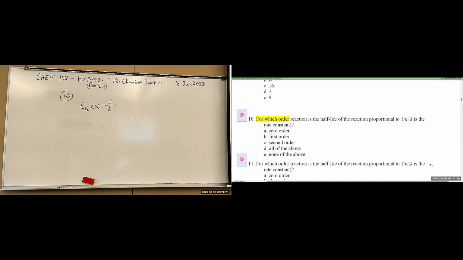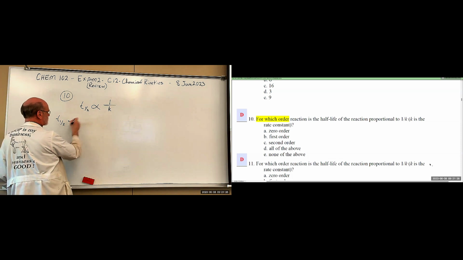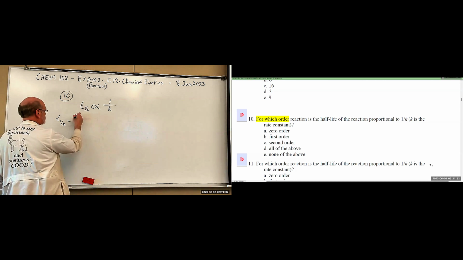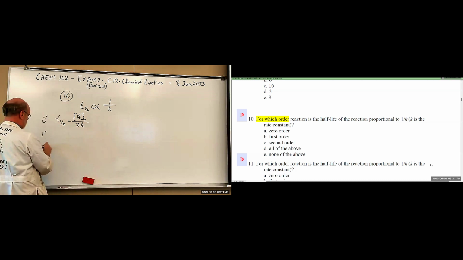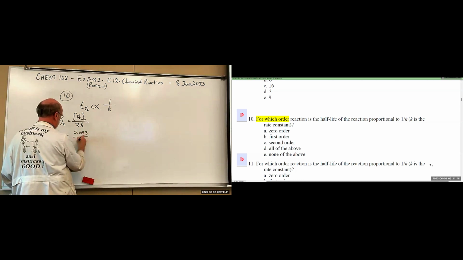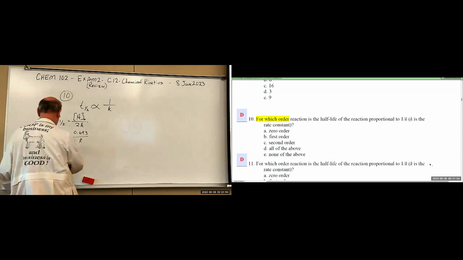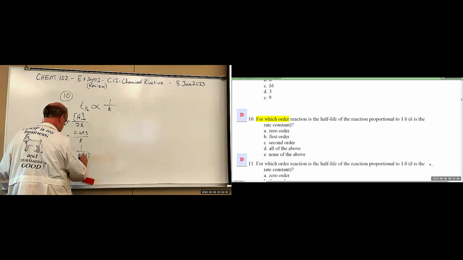So the half-life for the zero order is A0 over 2k. That's zero order. First order, the half-life is 0.693 divided by k. And then the second order is 1 over k A0.